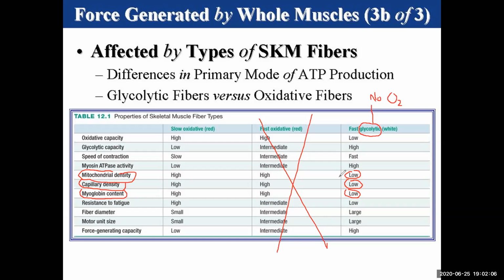So if you have no oxygen, you can't do oxidative phosphorylation. So oxidative capacity, low. And since you are relying on glycolysis, high glycolysis.